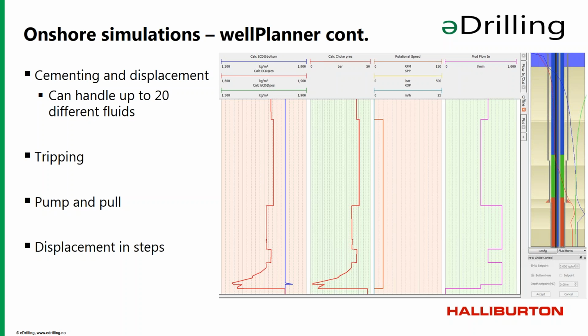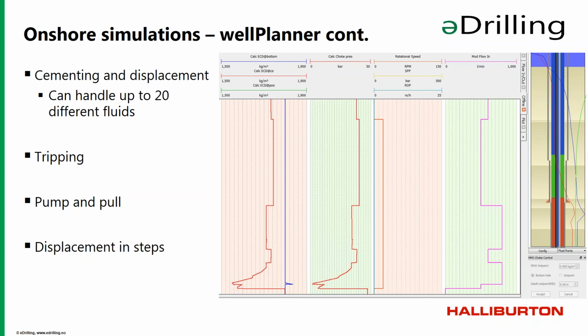That can be different fluids, different weights, different rheologies, which is very beneficial, especially when simulating the cementing, which can have at least 4, 5, 6 different fluids with the cement and the spacer, in addition to obviously the displacement fluids.